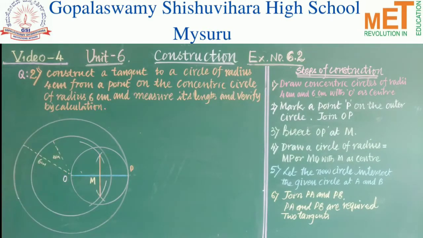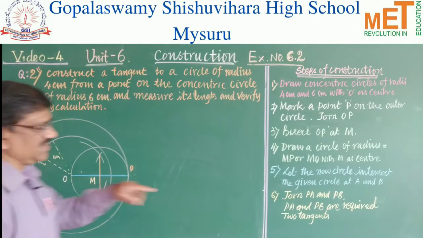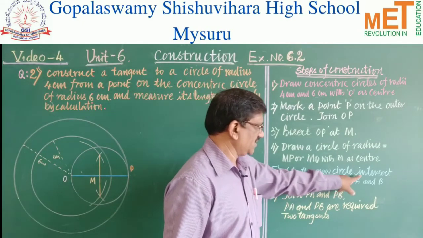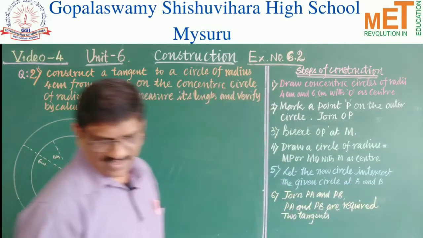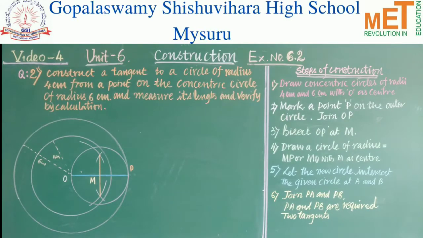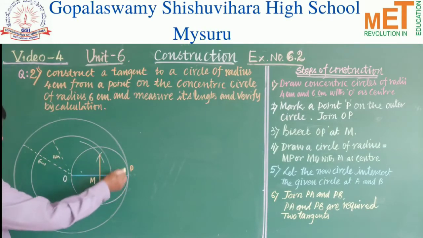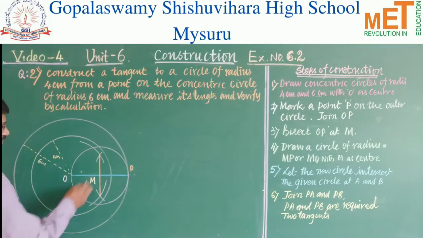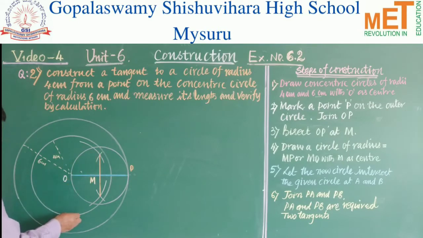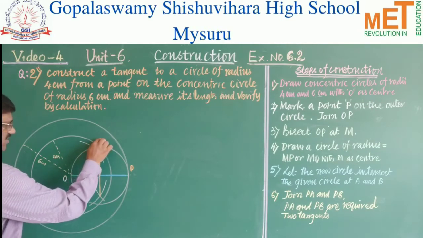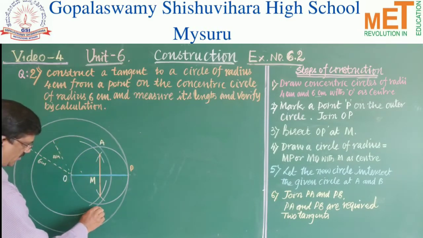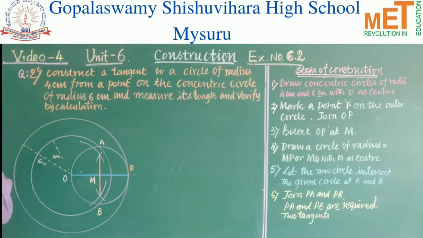Now, the fifth step says, let the new circle intersect the given circle at A and B. So, where it cuts, this is a new circle. The purple circle is nothing but the new circle. Where it cuts the given smaller circle, name it as A above and B below. Okay. So next, join them.